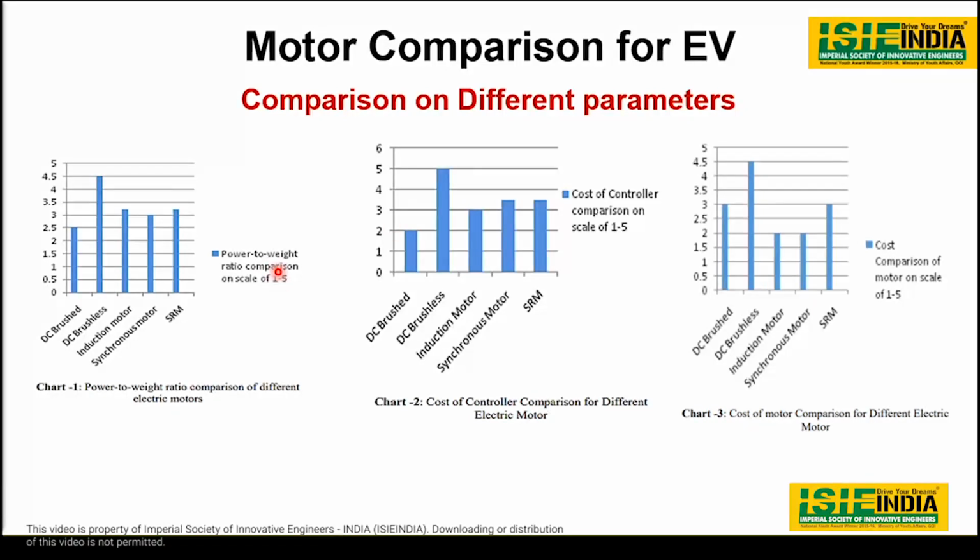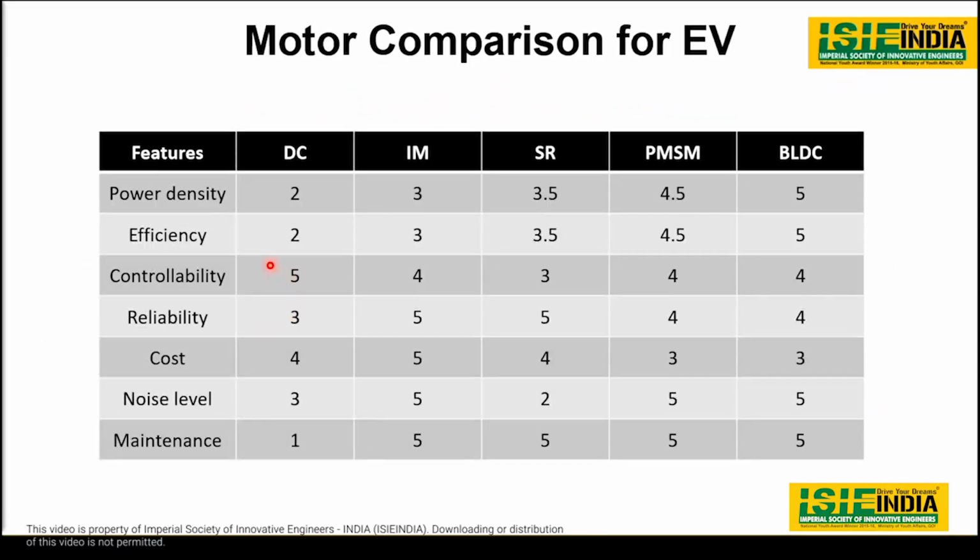So as I said in the previous chart, that power density, nothing but power to weight ratio chart. So just now see here, which motor has the high power density? BLDC, right? So maximum power per kg which can be delivered by BLDC motor, right?